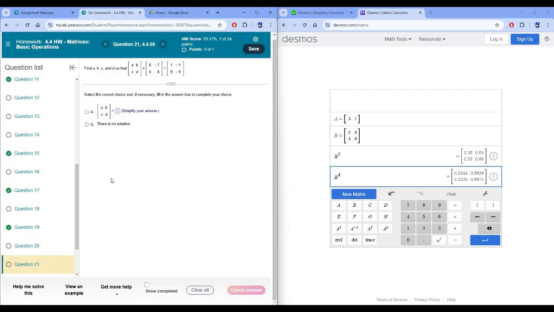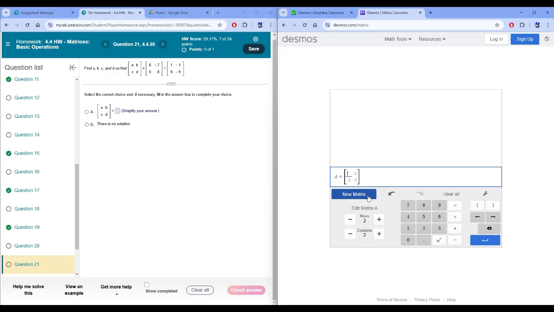All right, 21. Find A, B, and C and D so that A, B, C, D plus. Oh my goodness. So what I'm gonna do here is I'm gonna do 1, -1, 9, -9, -6. Let's do that. Clear all. New matrix. 2 by 2 is gonna be 1, -1.